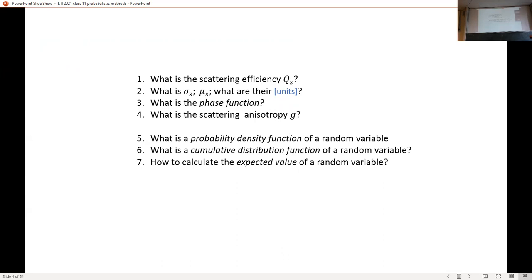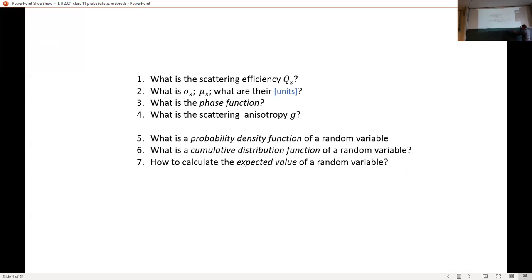It's like the efficiency multiplied by the actual cross section. Yeah. So the scattering cross section, or the absorption cross section, or any cross section is the efficiency times the geometrical area.